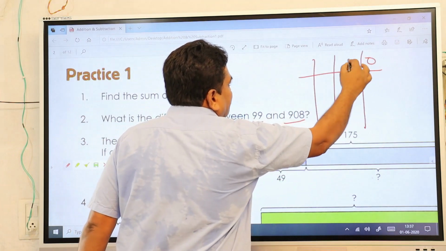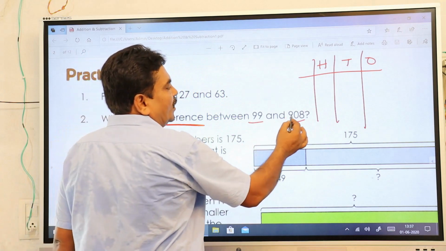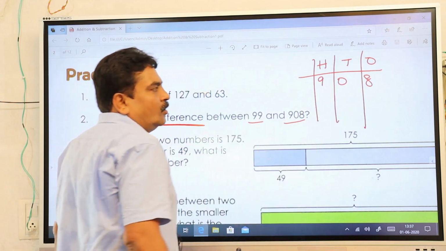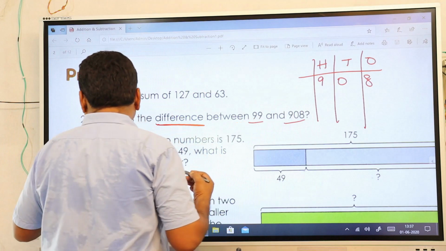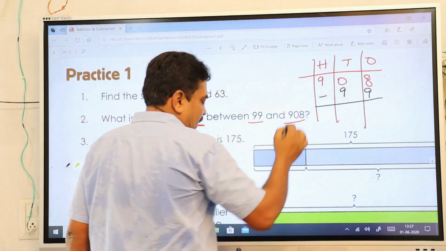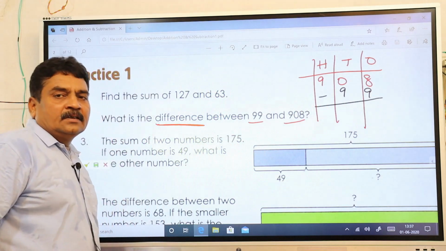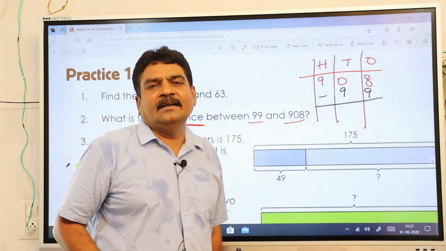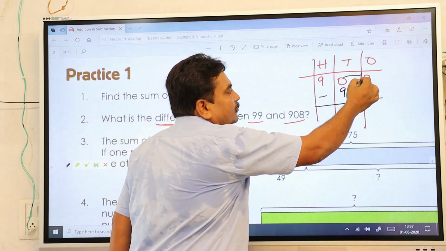As I told you, ones, tens, hundreds. The first value is the bigger value, that is 908. Out of 908 you are going to subtract 99. Let's see. From 8 you cannot take out 9, so you carry one from here.